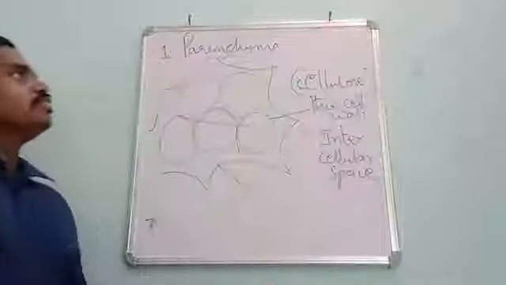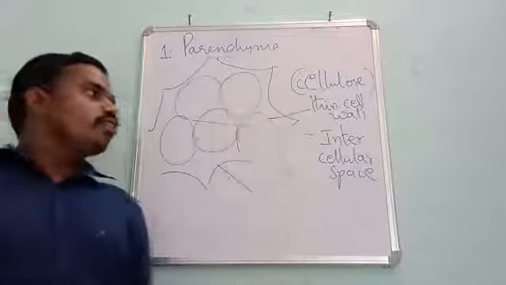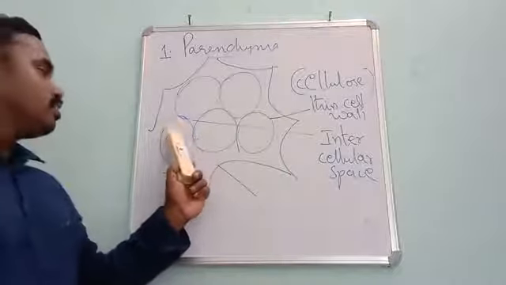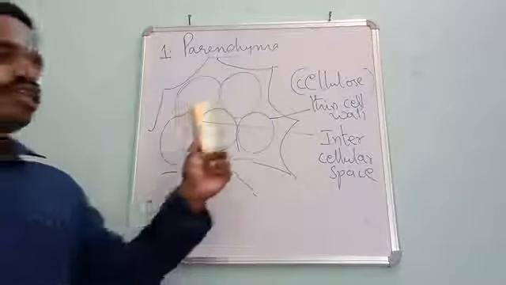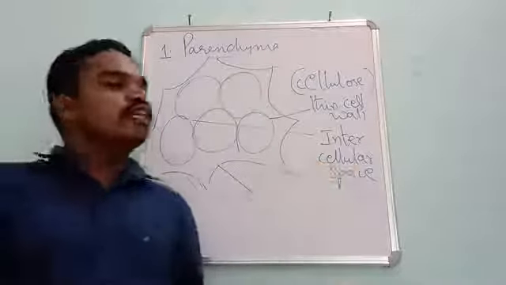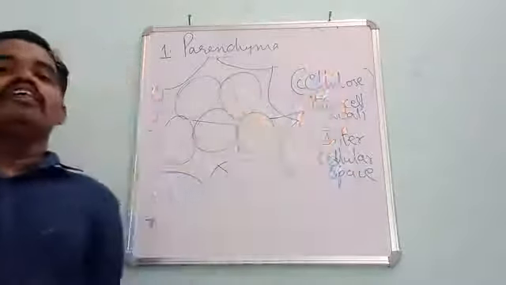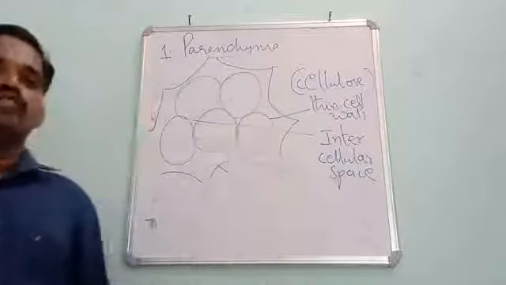This is in parenchymatous cells. So look at the structure of the parenchyma. The size of the cells is bigger compared to the meristematic cells. They have prominent intercellular space, and these cells are living cells and form a ground tissue.